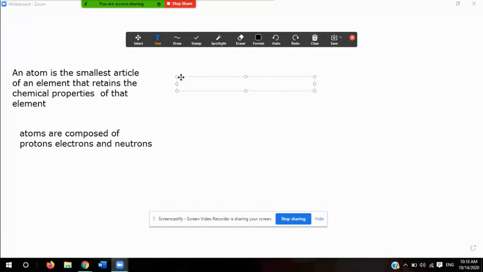We're going to talk about the discovery of sorts. The first thing that we're going to talk about is cathode rays and electrons.